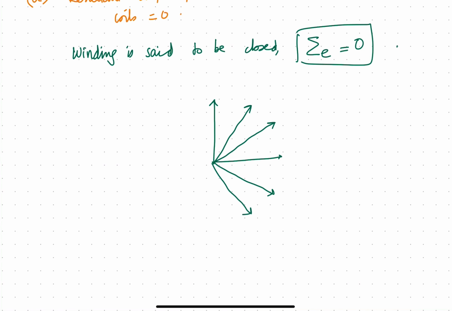Okay, so this is E1, this is E2, E3, E4 and E5. So this would be E7.